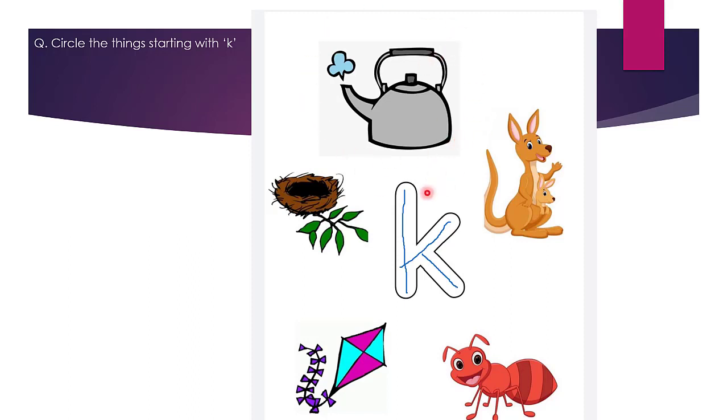Kettle starts with k? Yes, we will circle it. We will circle the kettle like this. Does nest start with k? No, nest does not start with k. We will not circle it.